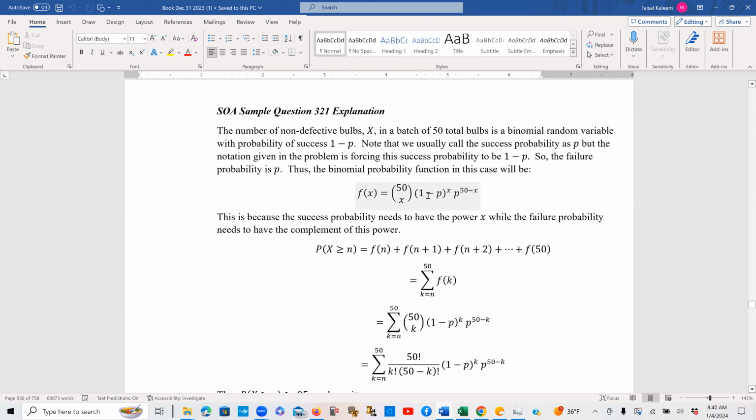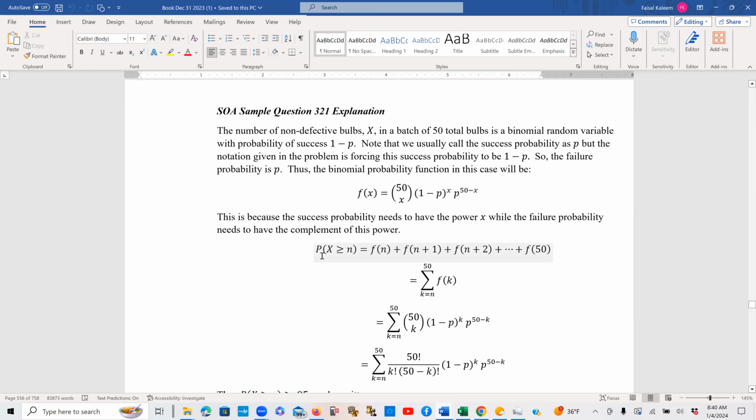We just said that the success probability is 1 minus P, so we'll have (1 minus P) to the power X, because in the binomial formula, it's the success probability raised to the power of the number of successes. That's why we'll have (1 minus P) to the power X, and the failure probability is P, so that will be to the power n minus x, or 50 minus x.